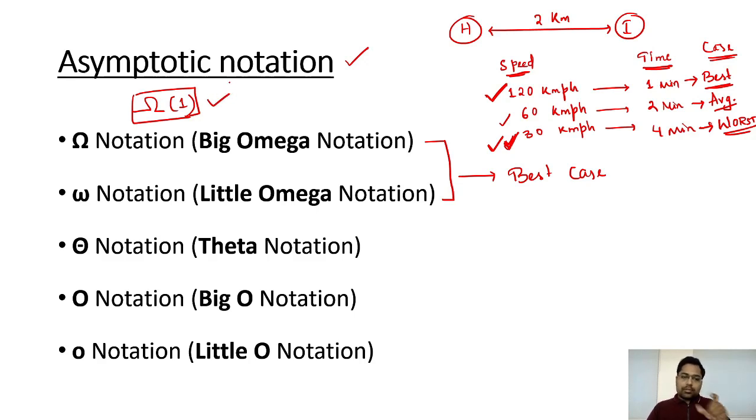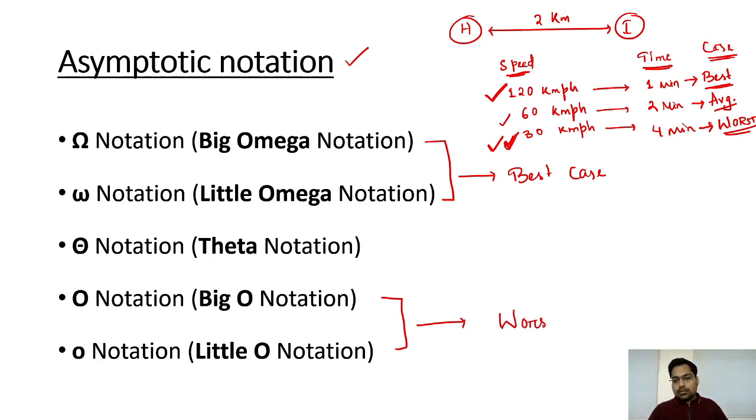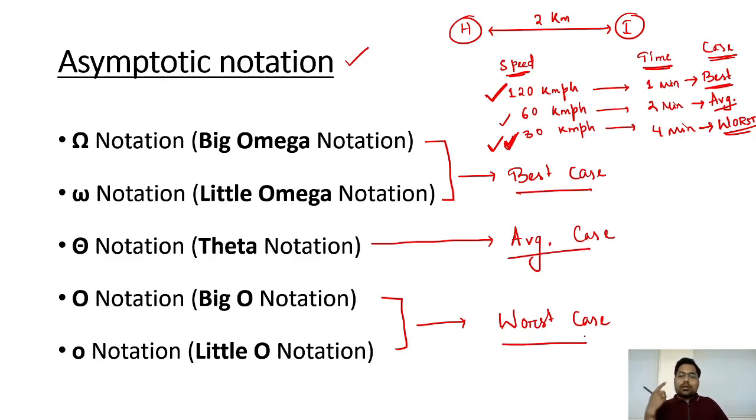I'll also discuss why worst case is always taken, with a proper example. Next, these two big O notations are considered worst case notation, and this theta notation is your average case notation. So best case, average case, and worst case.